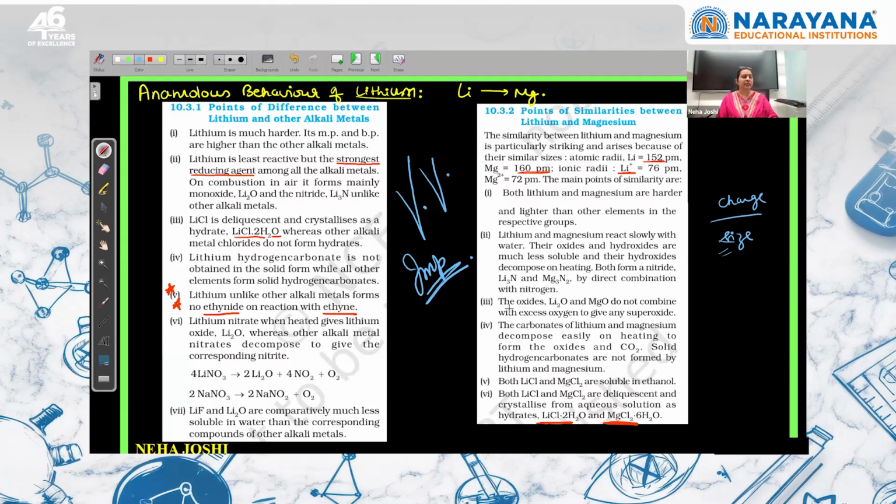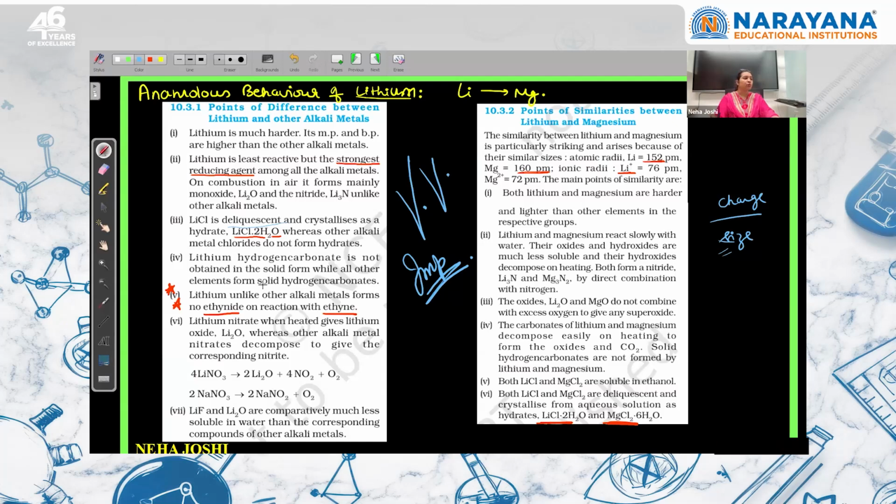So we have already discussed how lithium behaves differently as compared to the group members. It is harder, its melting and boiling points are higher, strongest reducing agent. It forms deliquescent salts, whereas others do not in first group.